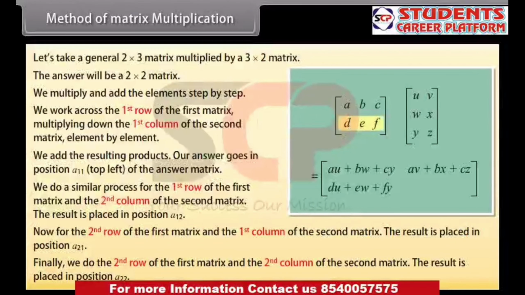Finally, we do the second row of the first matrix and the second column of the second matrix. The result is placed in the position A, 2, 2.